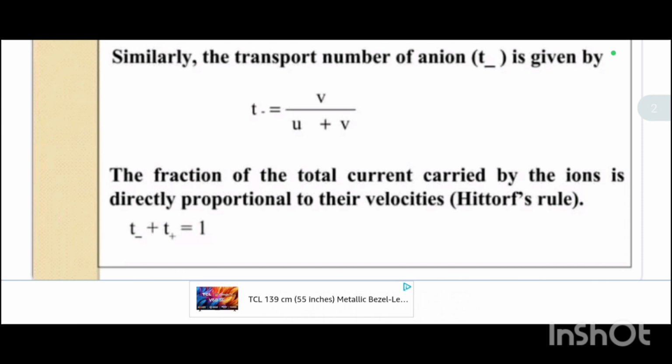This is Hittorf's rule. T minus plus T plus equals 1, which means the transport numbers of both cations and anions add up to 1.